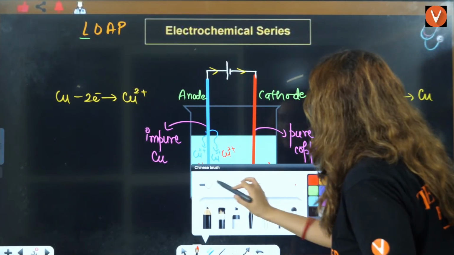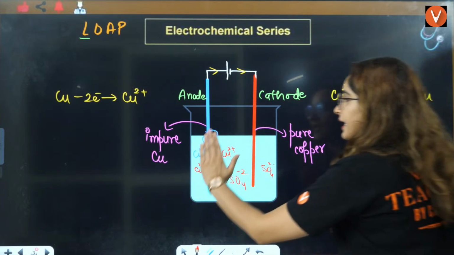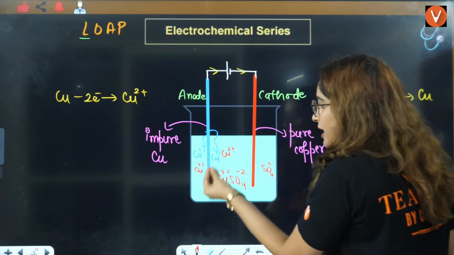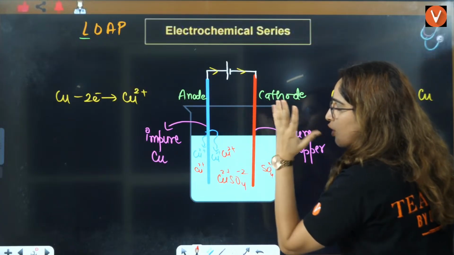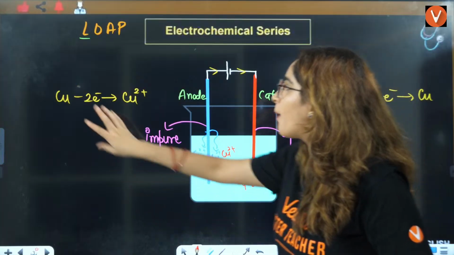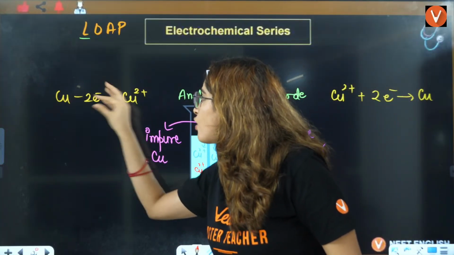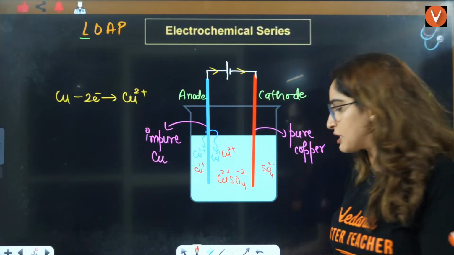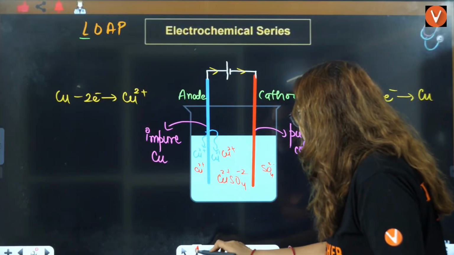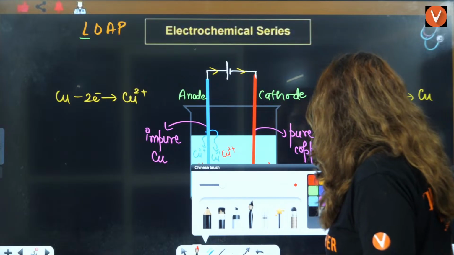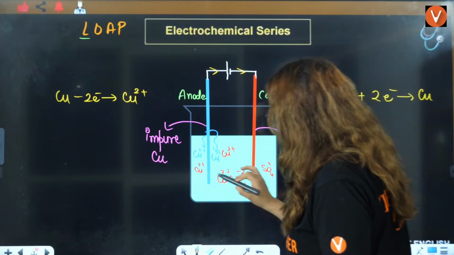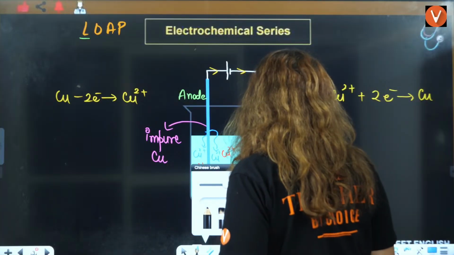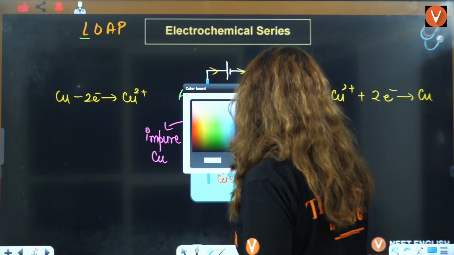Can I say that here, what is happening to the electrode? The copper electrode is losing electrons, and it is losing ions; they are moving into the solution. So can I say that it is getting thinner? How do I write it? Let's try.